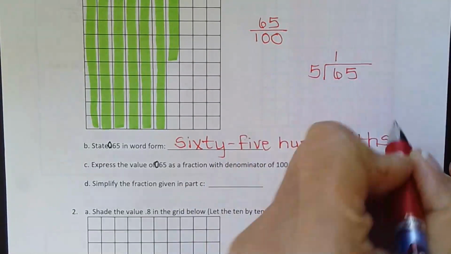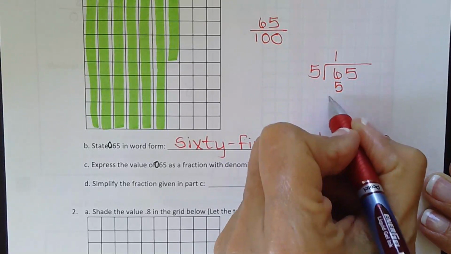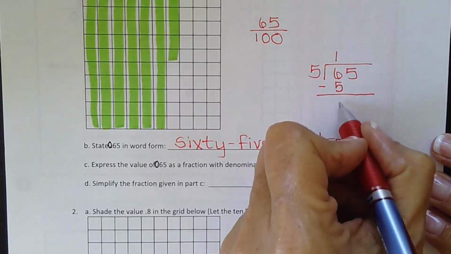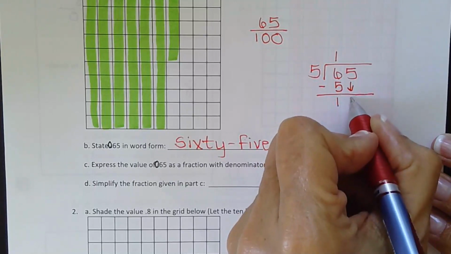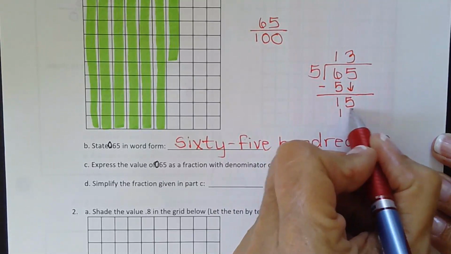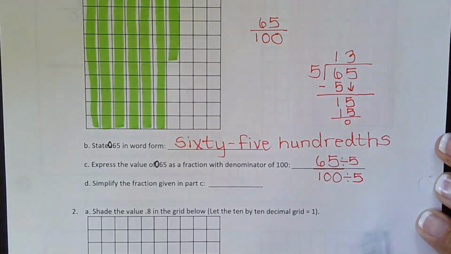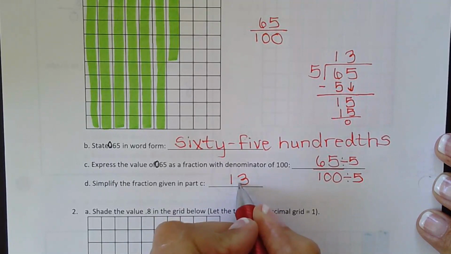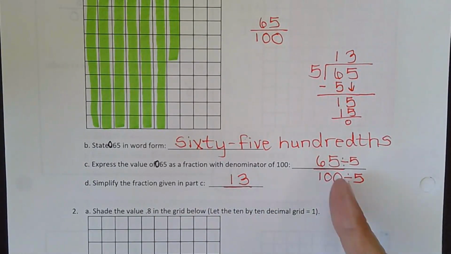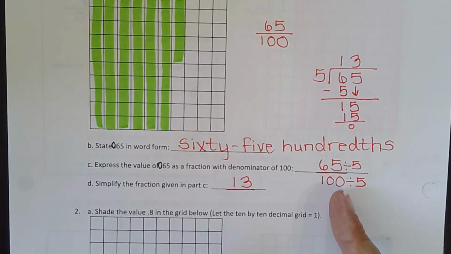5 goes into 6 once. 1 times 5 is 5. Draw the line, change the sign, and we get 6 minus 5, which is 1, and then bring down the last number, 5. 5 goes into 15 3 times. 5 times 3 is 15. So that tells me it's 13 over, and then we can do that little shortcut again. 10 divided by 5 is 2, and then add in the 0 that I've covered up.